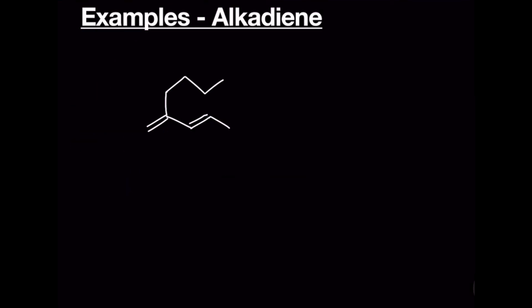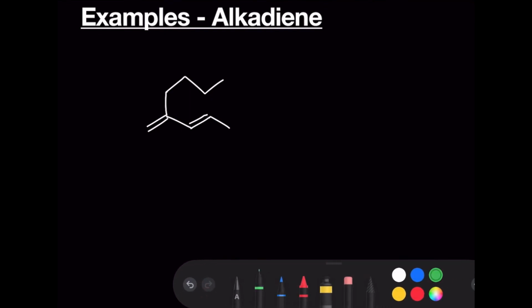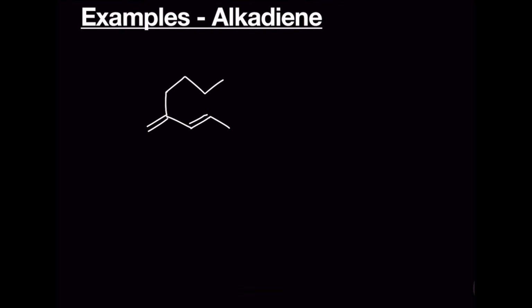Alright, let us look at one example where we have an alkadiene. By the way, when 2 double bonds are there in a molecule, we don't call it as alkadiene, we call it as alkadiene for better phonetics. So in this case, you have to choose this as your continuous carbon chain. It should include both the double bonds.